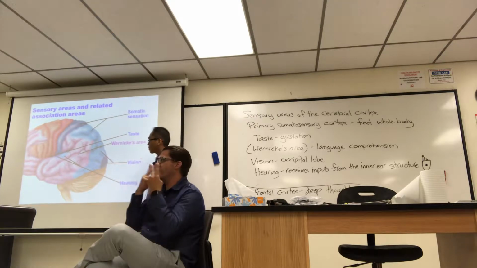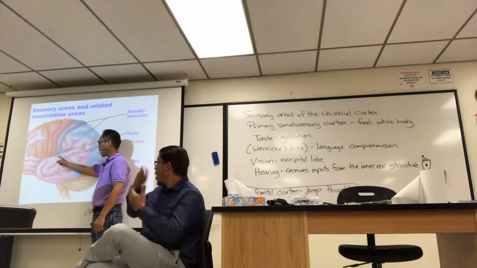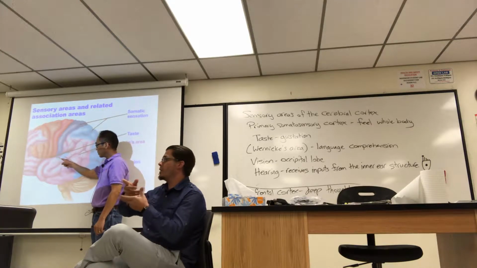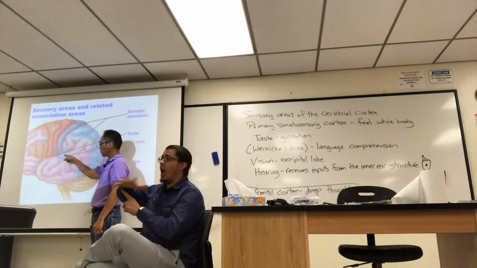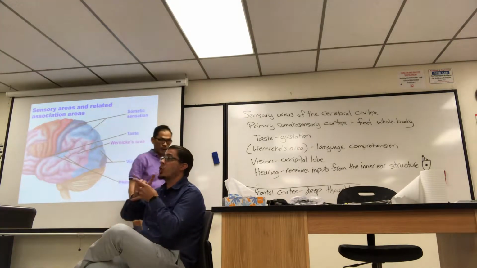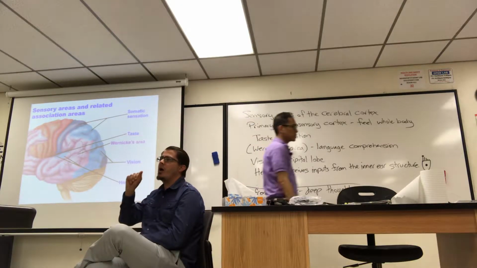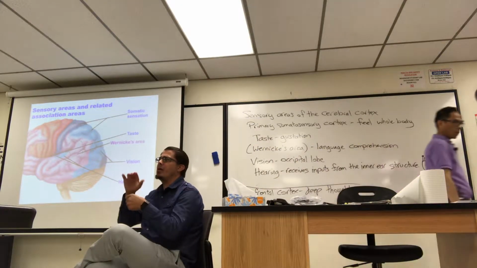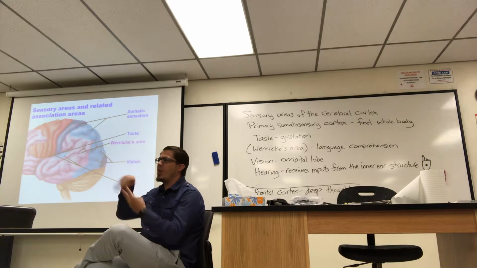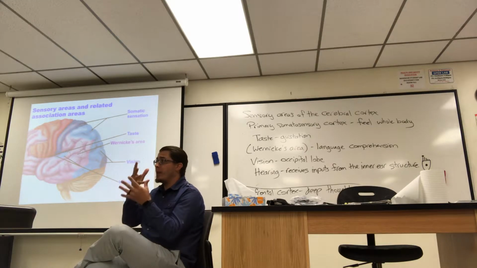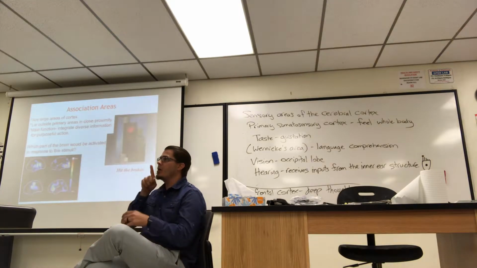Another example. The dark blue here is the primary area for hearing, but this area around it is the association area for hearing. Association areas kind of make sense of the world for us. They take all the incoming information and they put the world into context for you.